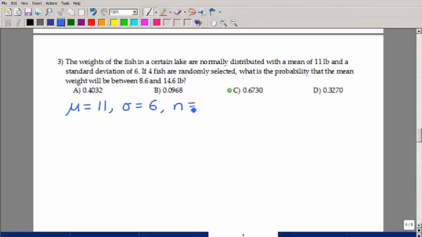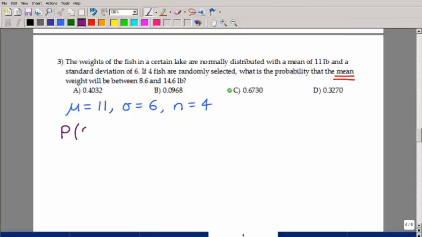If 4 fish are randomly selected, n equals 4, what is the probability that the mean weight will be between 8.6 and 14.6 pounds? So notice the key things here. We're selecting more than one item, and notice the question phrasing is, what is the probability that the mean weight? Right there. That tells me my random variable will be x bar.